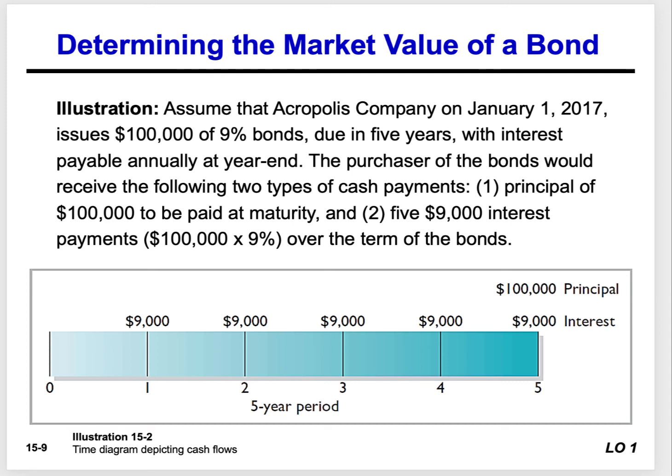Interest is going to be paid at year end. Okay, so the purchaser of the bond is going to receive the following types of cash payments. So in this example, I am Acropolis.